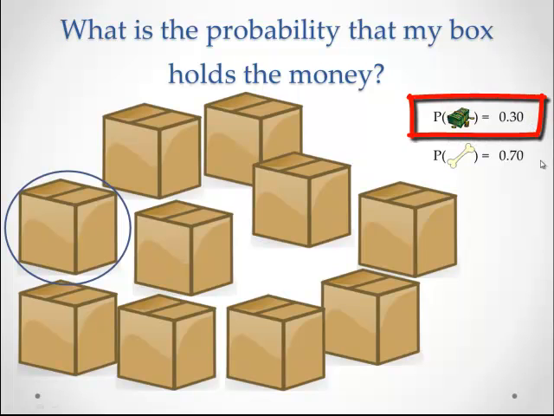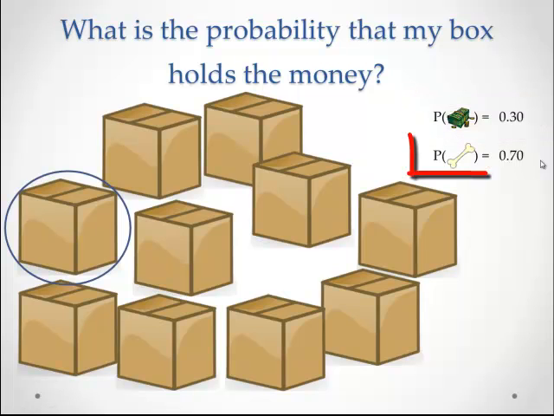On the other hand, since there were 7 bones and there are 10 boxes, the probability that it holds a bone is 70%. That is what we call prior probability. It's the starting probability, without any extra information, that our box holds the money.